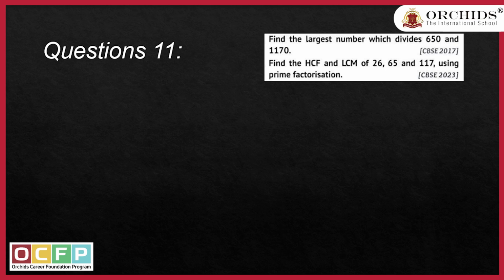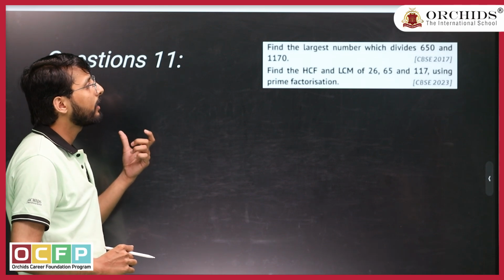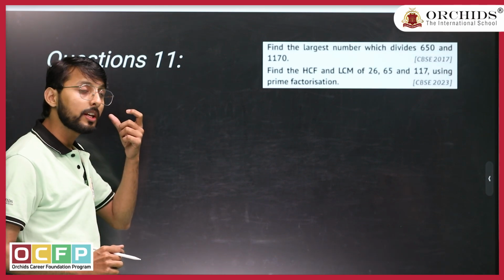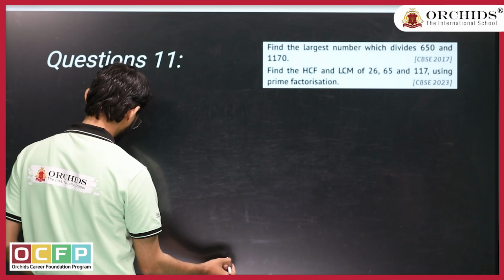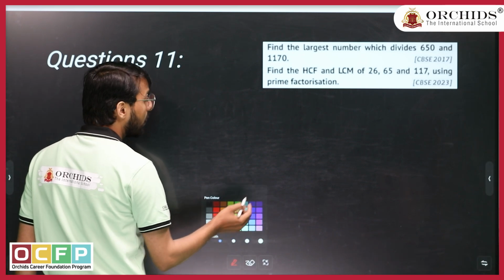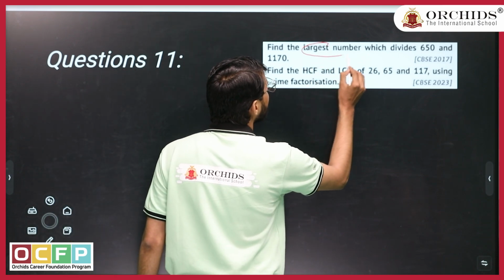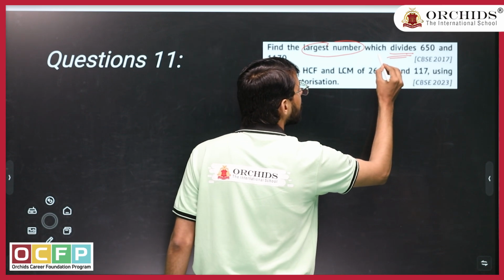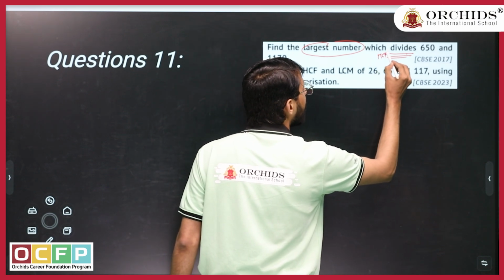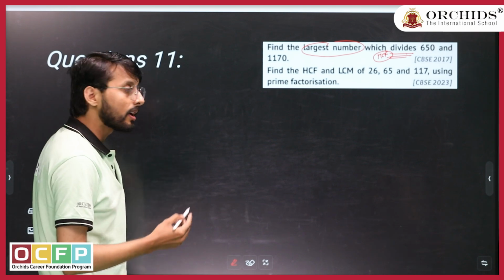Now see question number 11. Find the largest number which divides 650 and 1170. Again the same word, largest number. Largest number which divides means HCF.